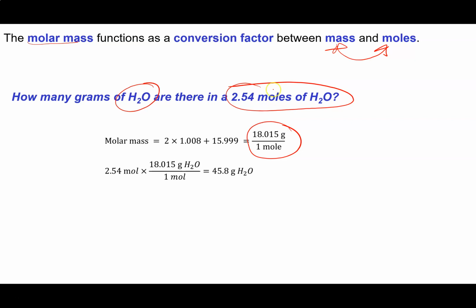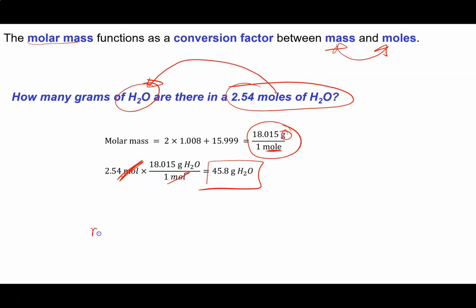In this case, I'm going from moles into grams, so I want to use the conversion factor that has grams on the top line and moles on the bottom line. So 2.54 moles times 18.015 grams of water per 1 mole, and that ensures that moles cancels out, leaving me with grams of water.